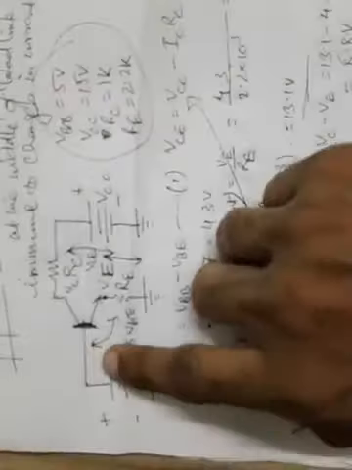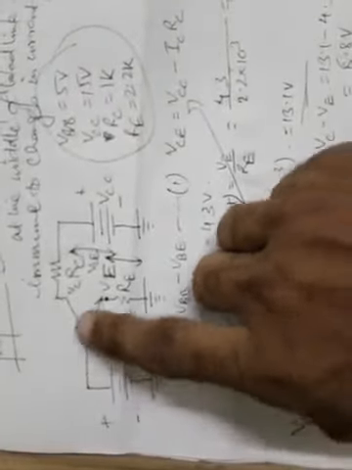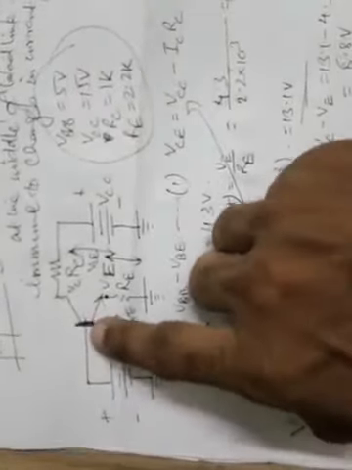Now by moving the resistor from the base to the emitter circuit, as we have seen in the circuit diagram, we are forcing the base to ground voltage to equal the base supply voltage. That means since there is no resistance here, the base terminal to ground voltage is equal to VBB, the base supply voltage.